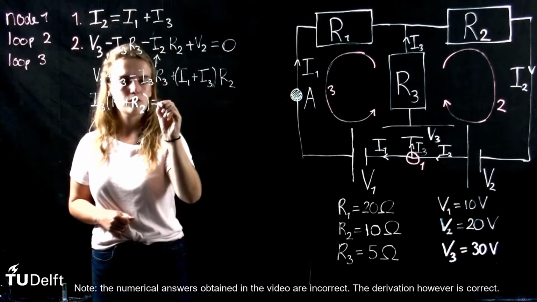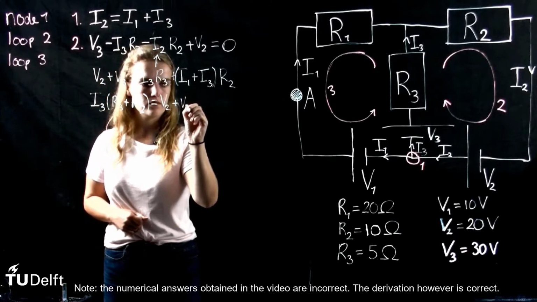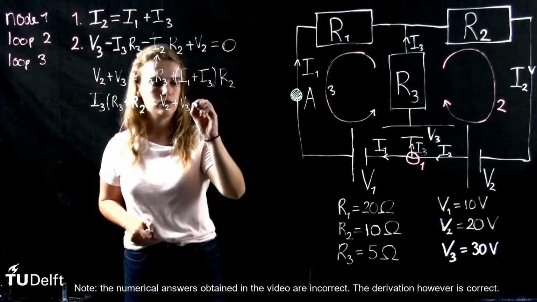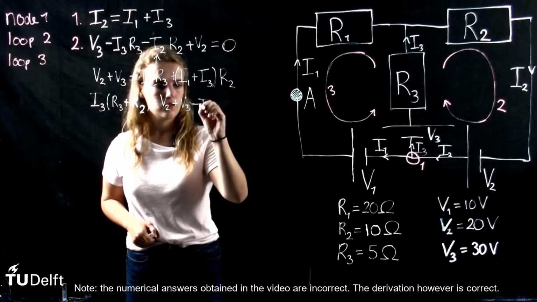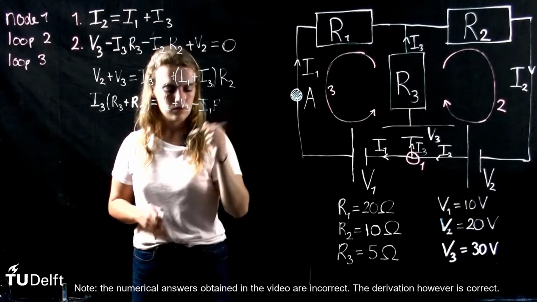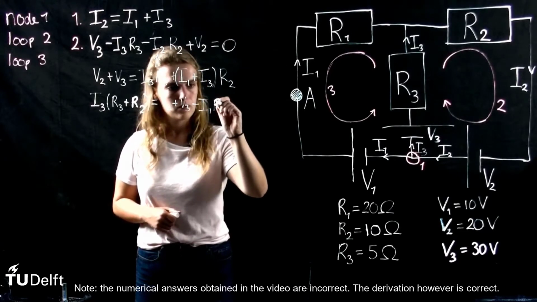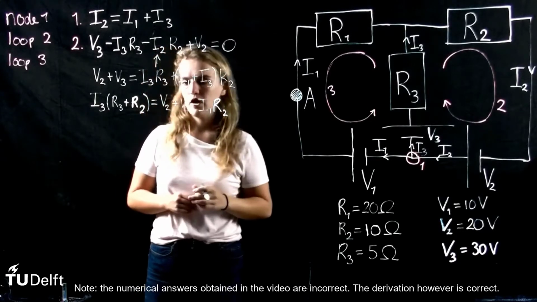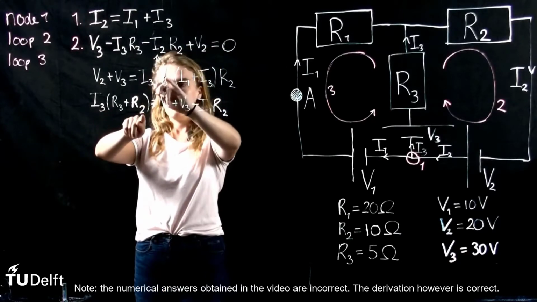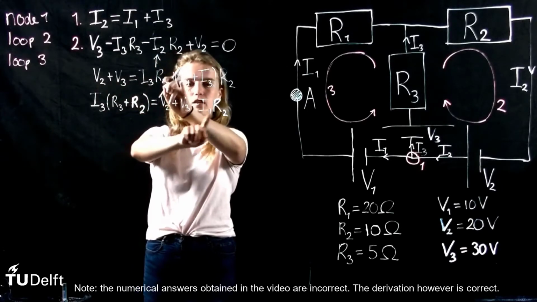So this is equal to V2 plus V3 minus I1 times R2. So let me check if I have all terms. We have I3, R3 from here, I3, R2 from here, V2, V3, and then the minus I1 times R2.